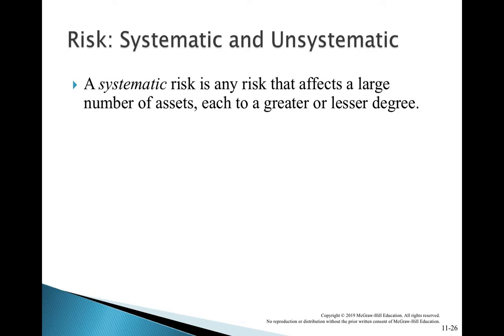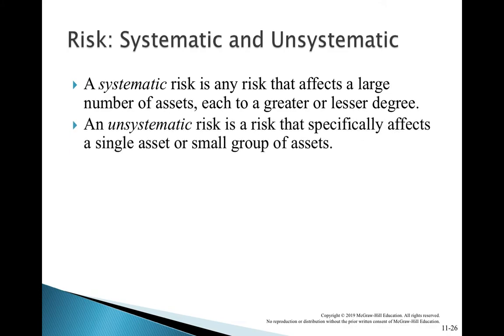So, a systematic risk is any risk that affects a large number of assets, each to a greater or lesser degree. The risk which will be there for the whole industry, for the whole economy, is the systematic risk. What is unsystematic risk? It is only for a specific company or a group of companies, or a specific asset or specific small group of assets.